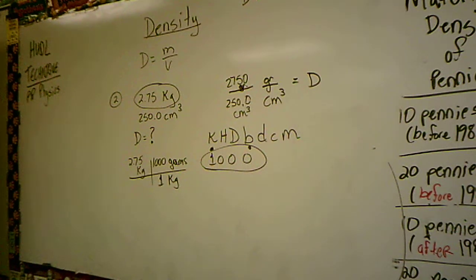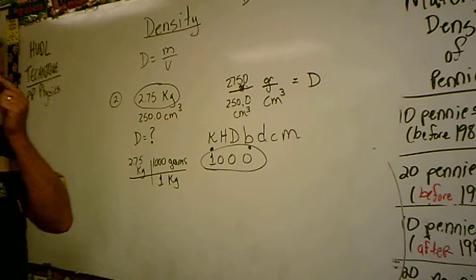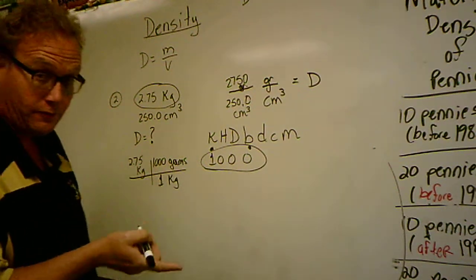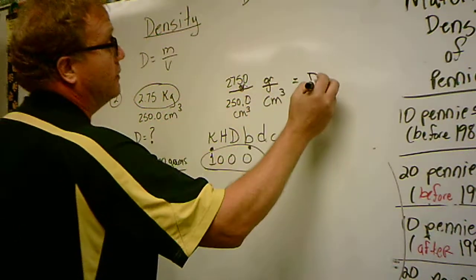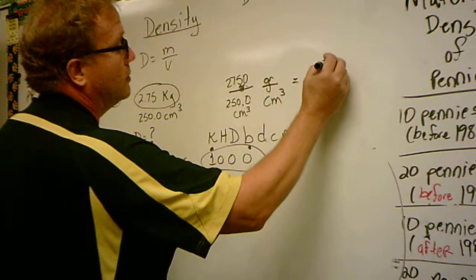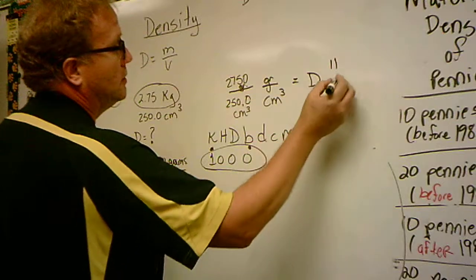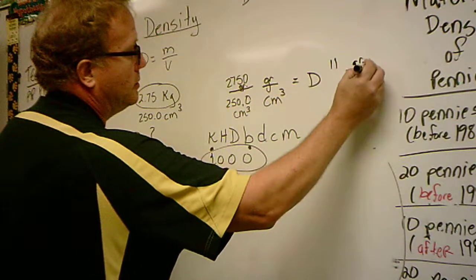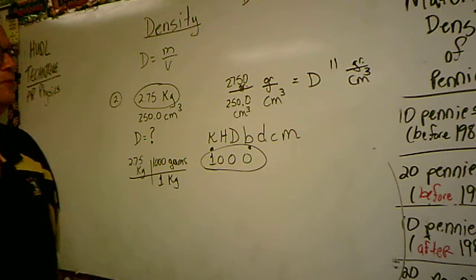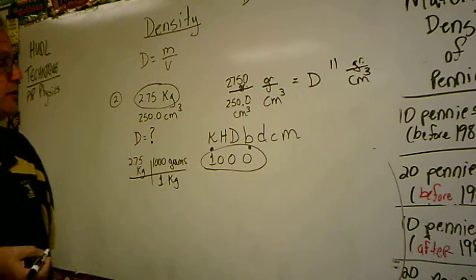We have made sure that we're in the correct unit, so my end result would just have to be by dividing this number by this number. My density comes out 11 grams per cubic centimeter. We look at the variables that we started out with.